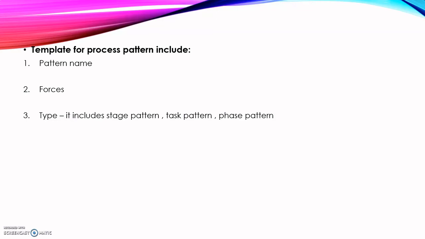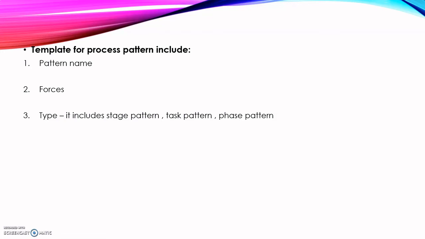A framework activity focuses on multiple actions and work tasks. So the stage pattern incorporates multiple task patterns that are relevant to this stage. So it is associated with a framework activity for the process. That is known as a stage pattern. Now let's see what a task pattern is.